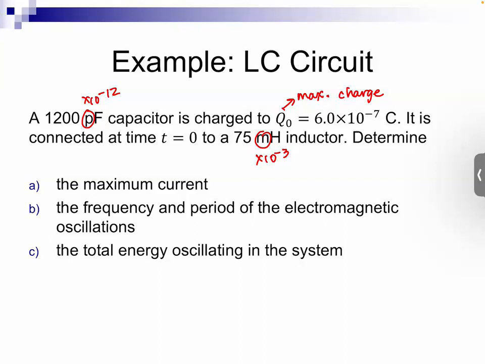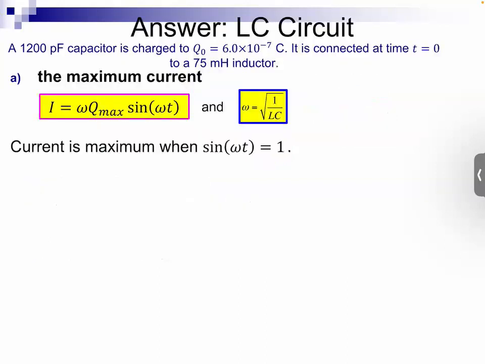All right, so for the maximum current, we recall that the current in an LC circuit is described by a sine function, where omega is defined by the inductance and the capacitance in the circuit. When we want the maximum current, the sine function just oscillates between -1 and 1, right?